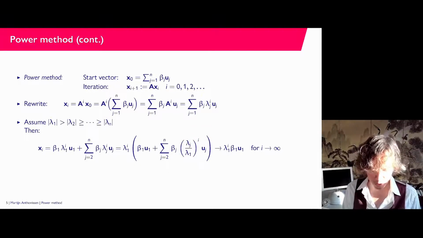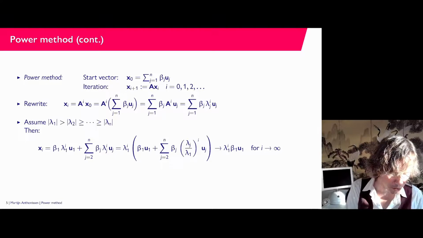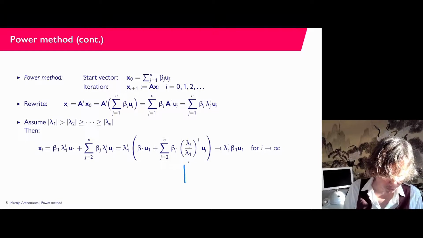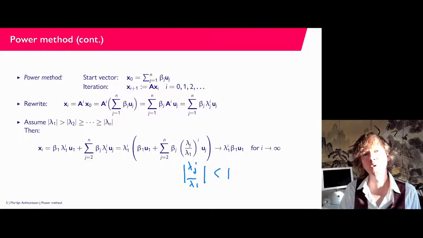So what that means is that if you would take the absolute value of lambda j over lambda 1, it's less than 1. And that means that all of these terms, if you take sufficiently many iterations, here to the power i, they're going to 0.